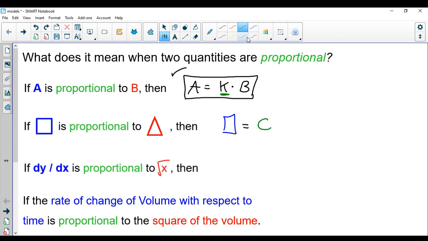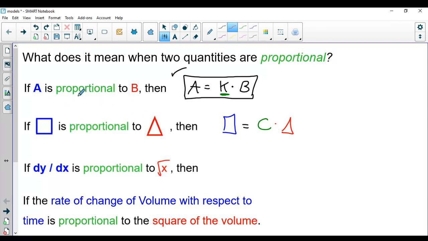So I could say maybe C this time just to be different. C times red triangle. Okay, so if square is proportional to triangle, then square is some constant times that triangle. That is something you can write. Where really I can put anything in for square, anything in for triangle, and the green here, you can see how I color-coded it, is just a proportionality constant.